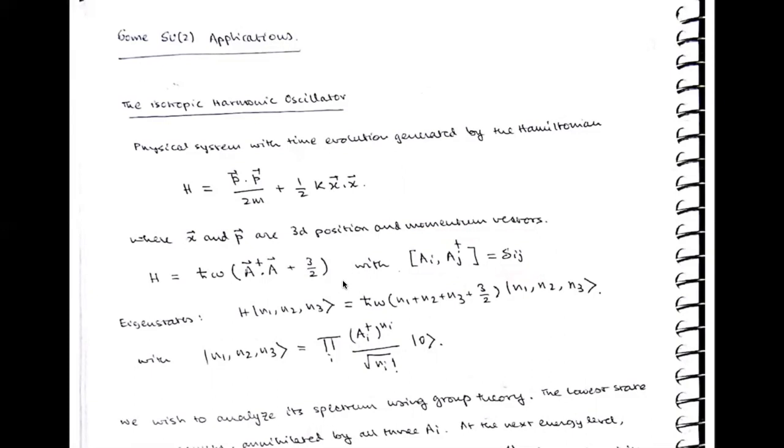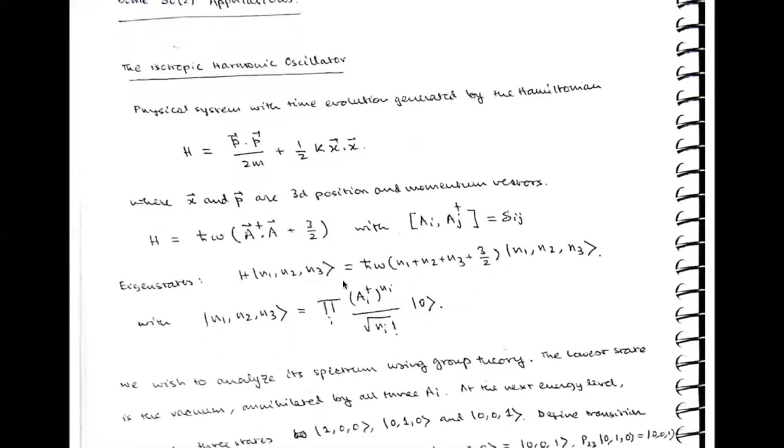As you know, when we are looking at eigenstates of H, these are going to be labeled by these 3 integers n1, n2, n3, and the energy is going to be n1 plus n2 plus n3 plus 3 halves, where these n1, n2, n3 states are given by these A daggers acting on the ground state.